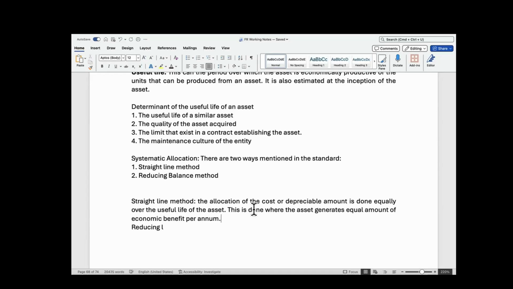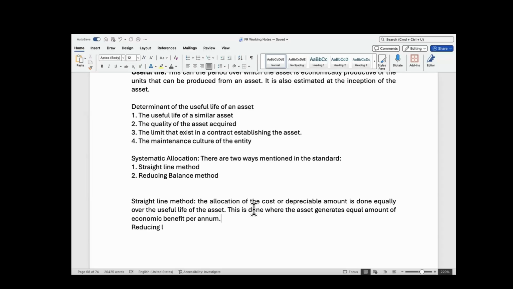Remember that all we're doing is accrual or matching. We're trying to match cost with income. Or we're trying to say that this is what we have used of this asset this year, then let's allocate this cost of these assets to P&L. That's what depreciation is all about.